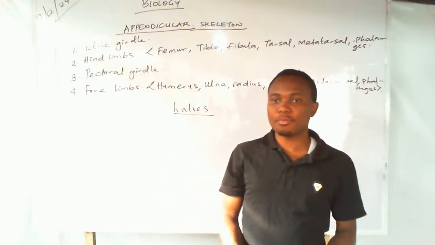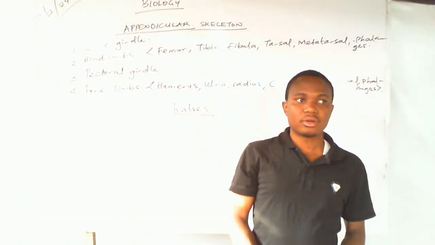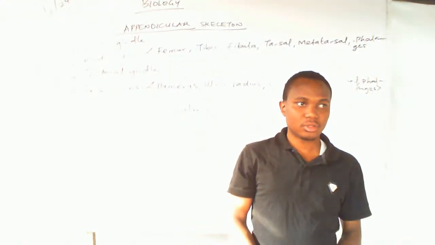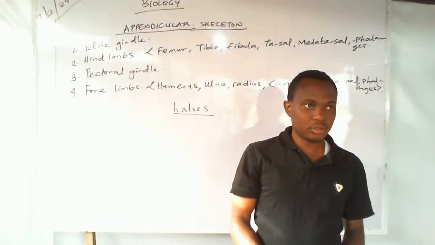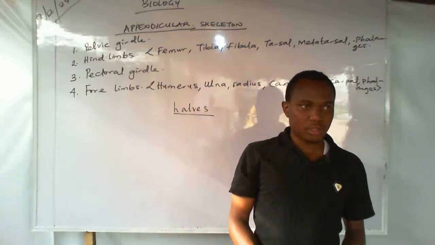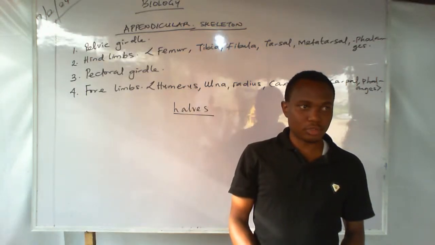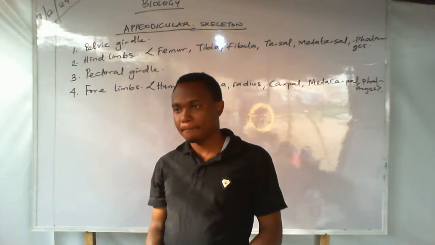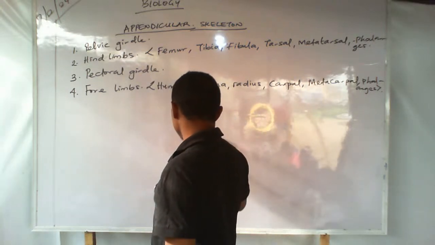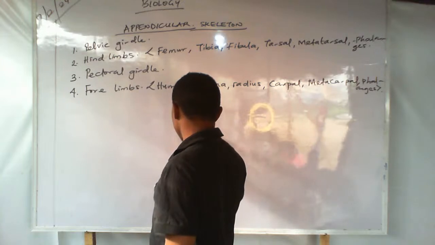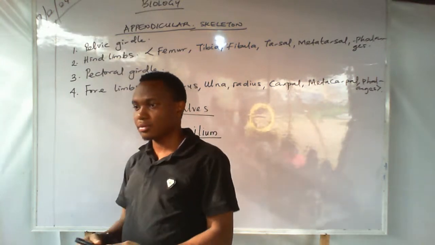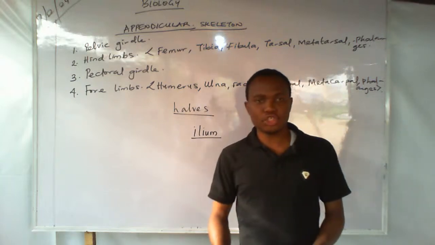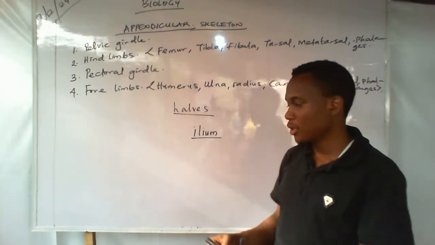These are the three main bones there. Number one, the ilium. Ischium.